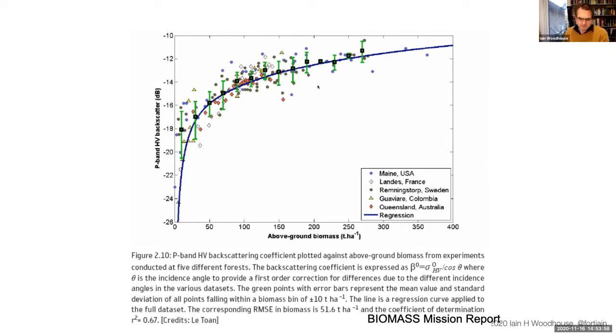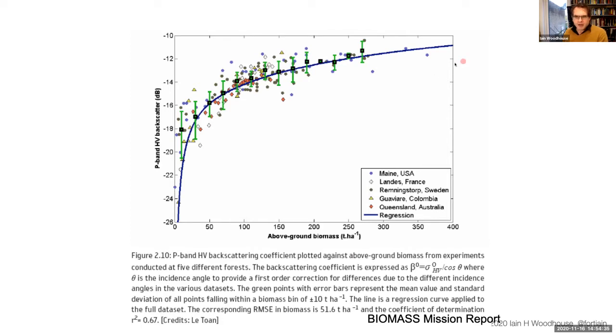Going back to the diagram we showed with the limited availability of bandwidths in the microwave and radio part of the spectrum, the Biomass mission has been given a relatively narrow range of frequencies that it can use. We don't have time in this course, but limiting the range of wavelengths, or the bandwidth, has an impact on the spatial resolution. So it's going to be in the region of a few hundred meters. It's not down at the level of your standard Landsat 30-meter pixel.